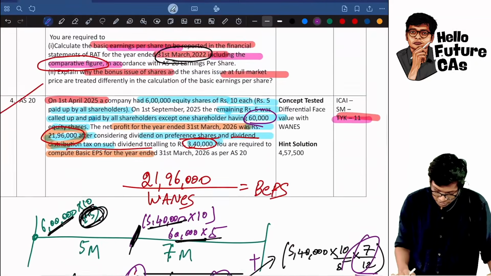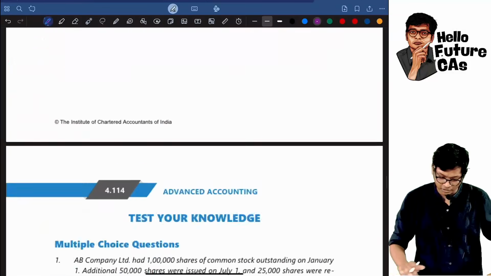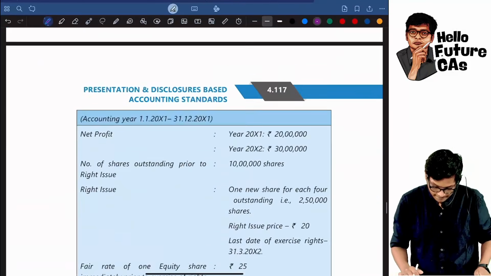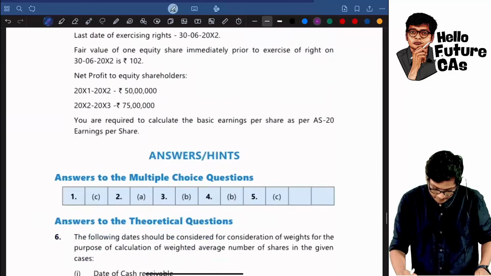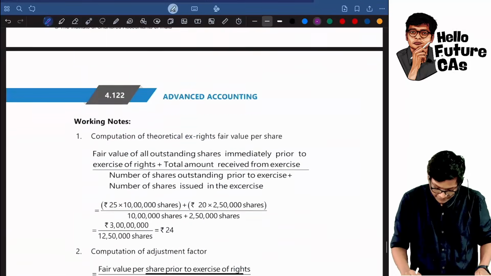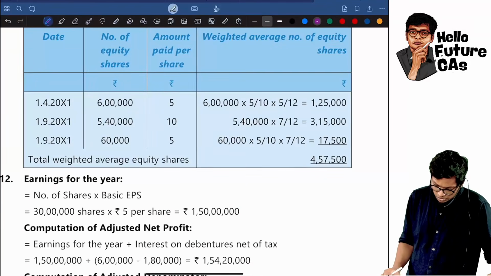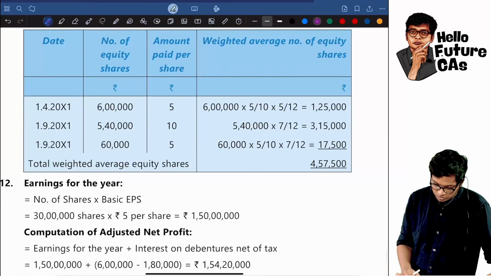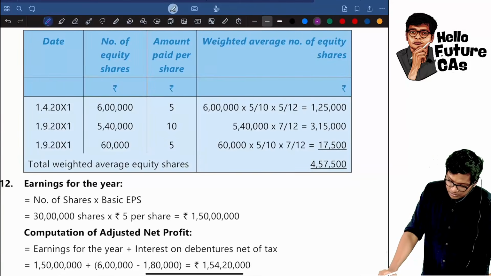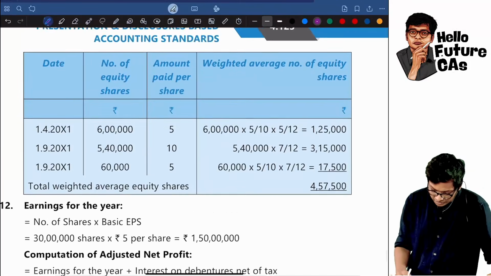This is question number, test your knowledge 11 now. They have converted to 10, I think. Okay, so we can't check this answer.